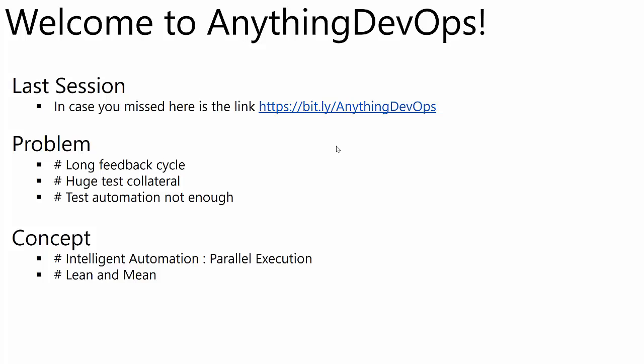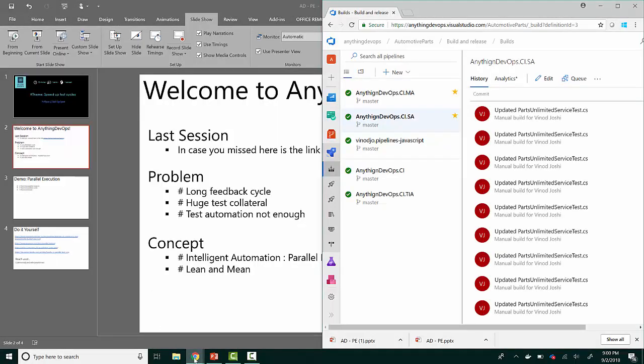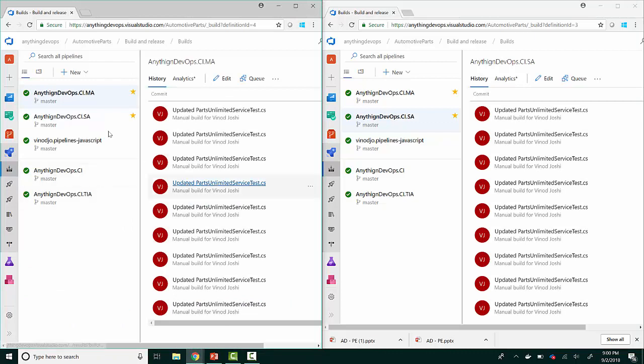What better way than to look at a demo to understand this concept? So let me switch over to my browser, which has two build definitions. The one that you see on the left hand side executes the tests in parallel. The one on the right hand side would do sequential execution of the tests.